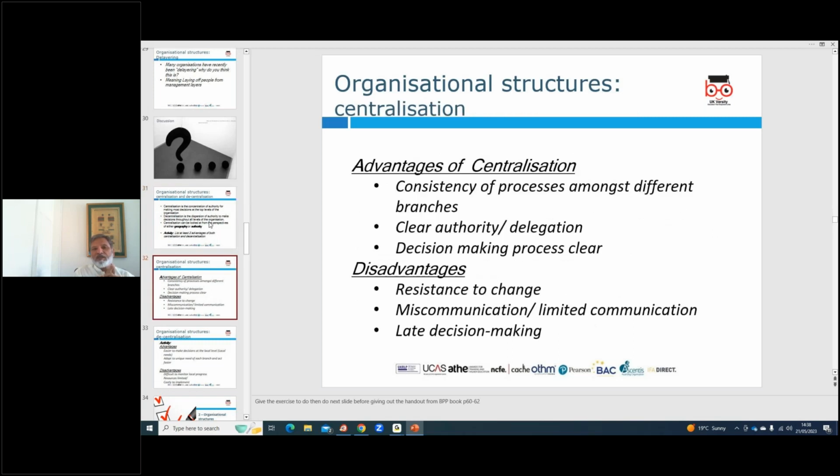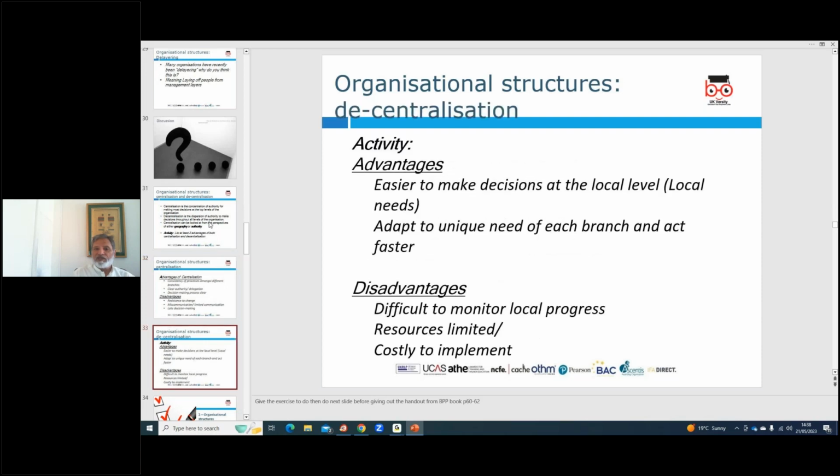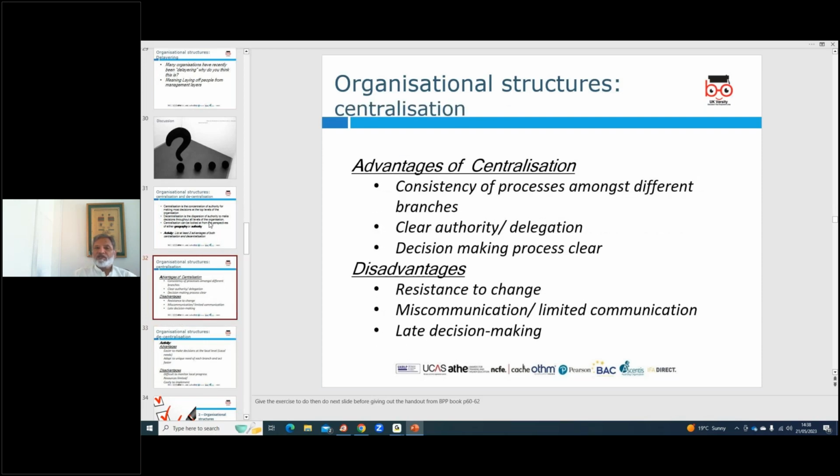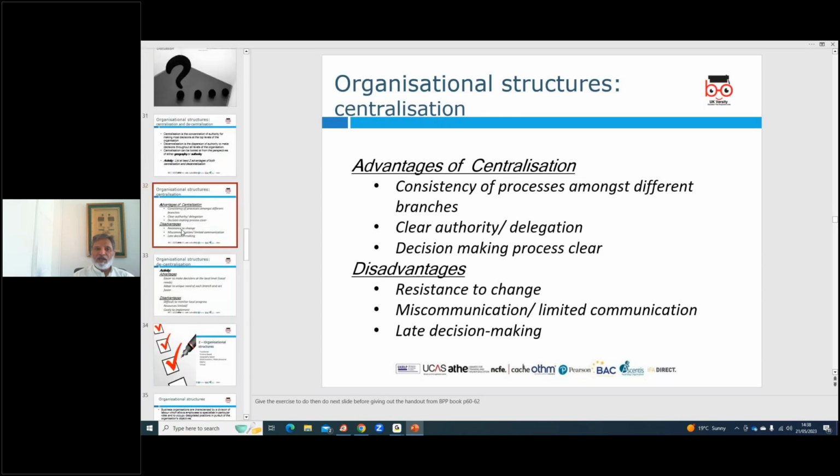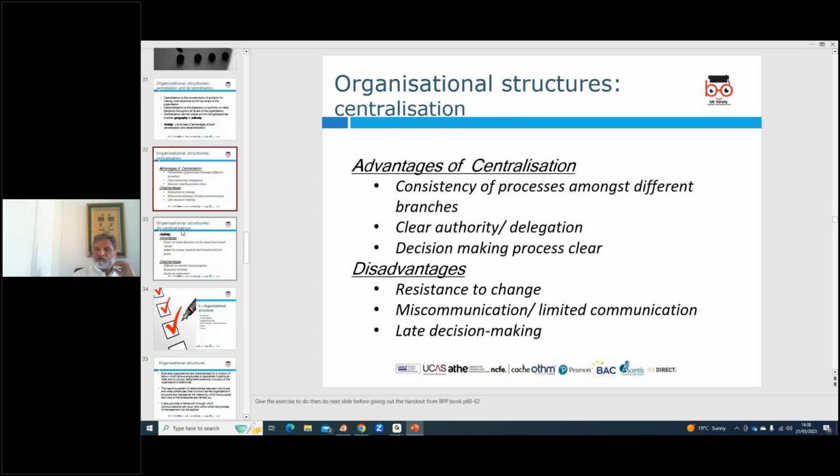Okay, what are the advantages of centralized and decentralized structure? Number one, a centralized structure has a clear line of authority, a clear line of demarcation, and decision making is very clear and very consistent, but there is very little resistance to change, and very little communication.